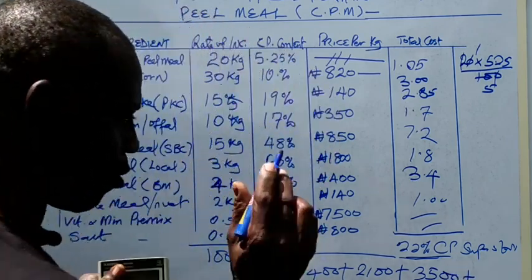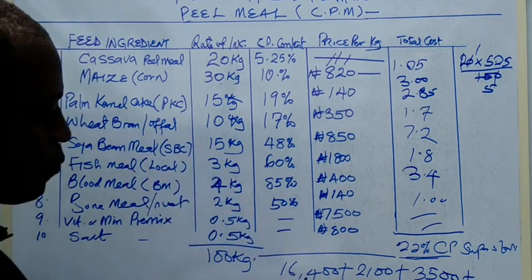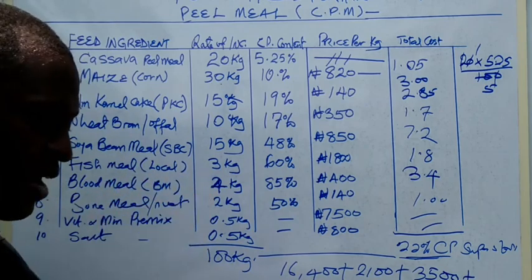Now let's add up all and divide by 100 kg to get a kilo of this, and see how much it will cost us to get 1 kilo and 1 bag.